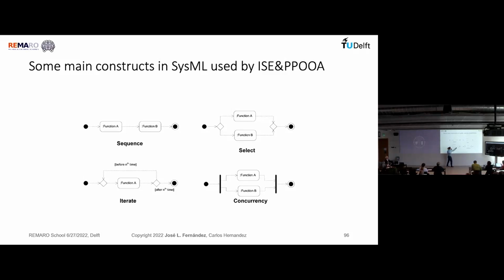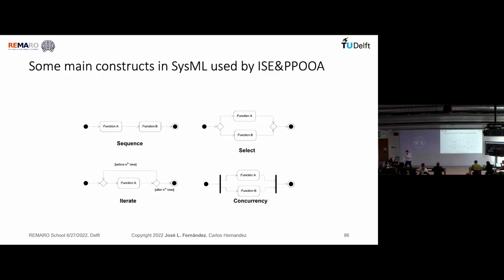You cannot just put this directly in here because you will end up with undefined behavior depending on the token flowing, right? And when you want to model concurrency, then you have the fork and join nodes. So this is some notation to clarify the semantics of the flow.